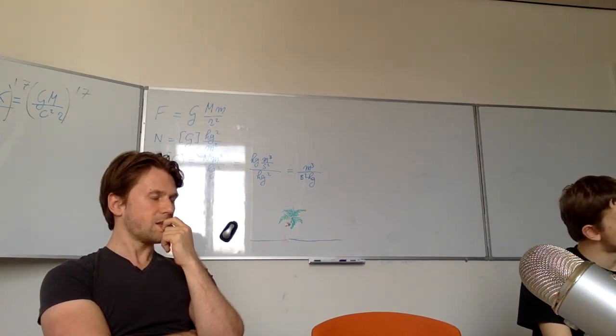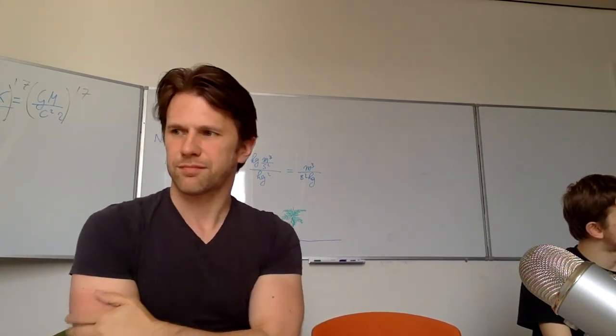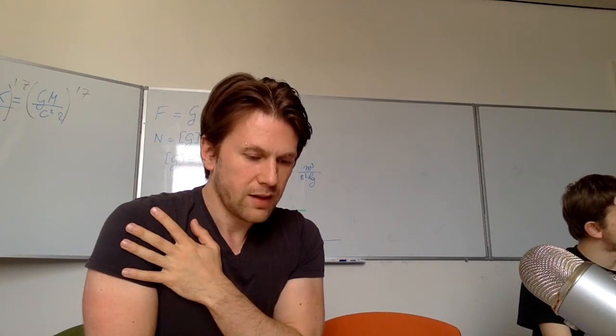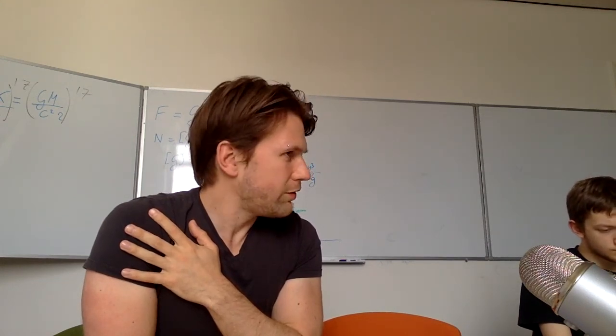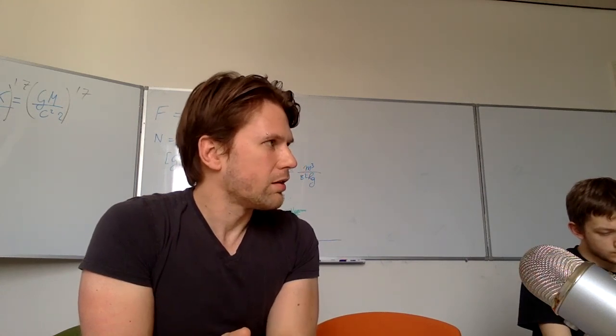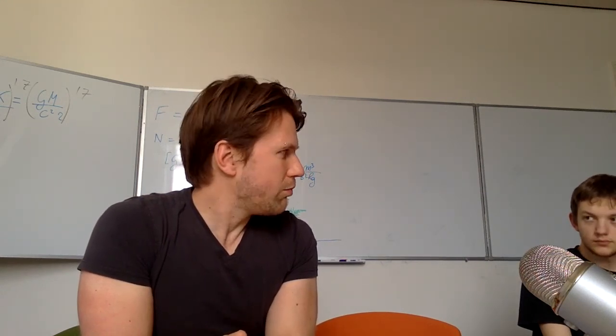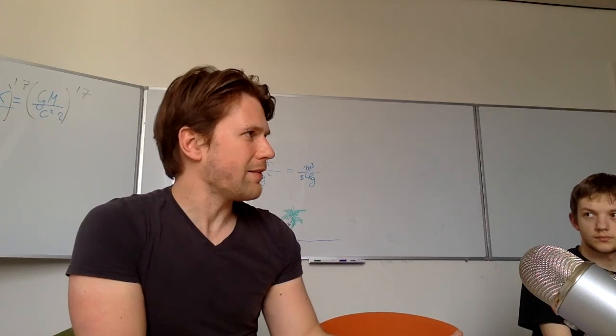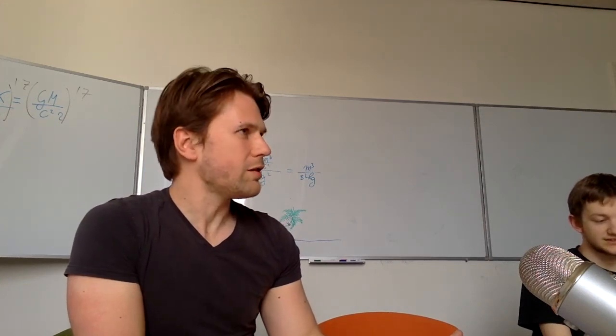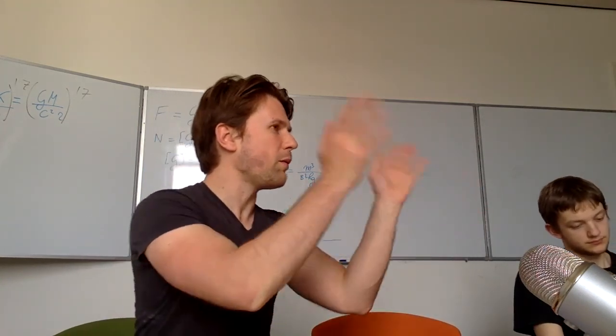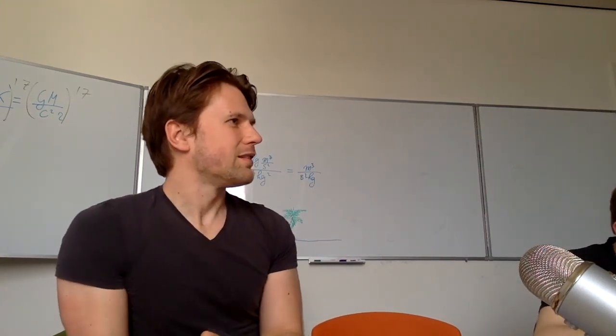If you want to measure something's length, you better make sure that you measure its front end and its back end at the same moment in time. Otherwise it might be moving away in the meantime.